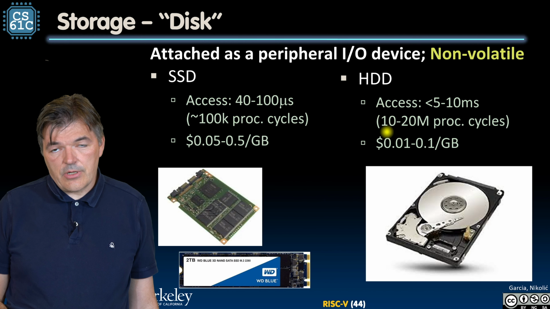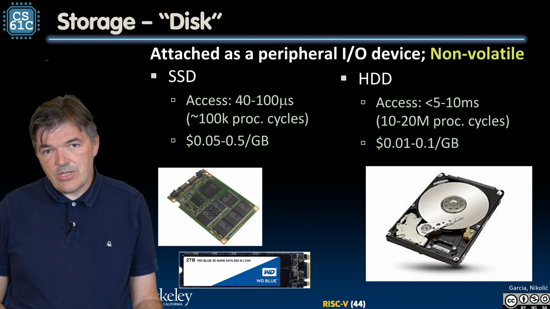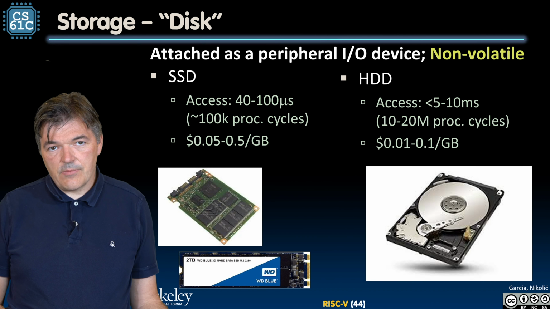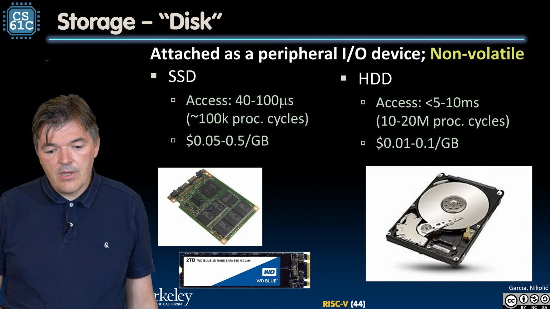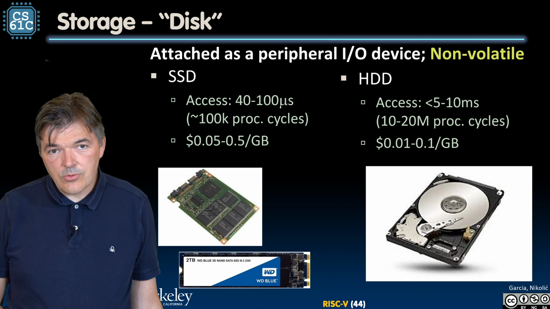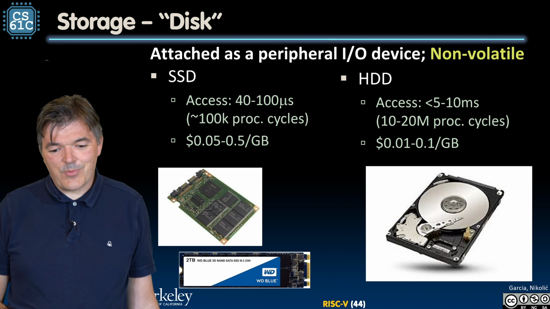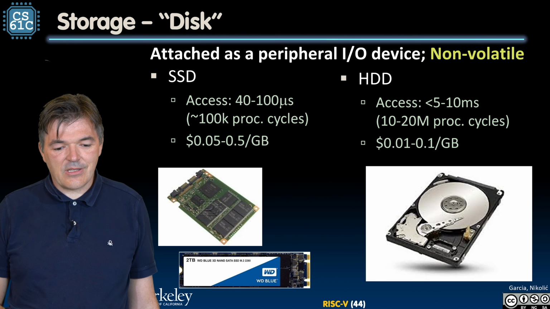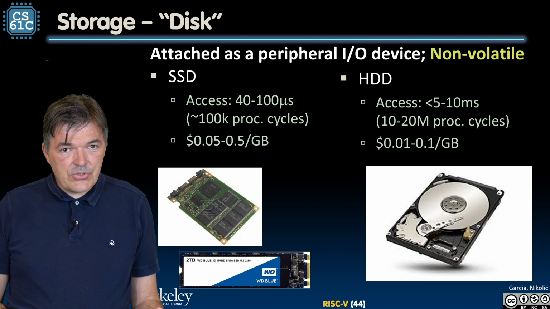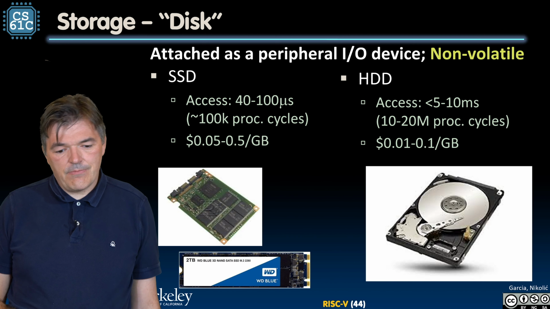HDD is even slower. It takes like 3 to 10 milliseconds to access a sector in a hard disk drive, which corresponds to a couple of tens of millions of microprocessor cycles.